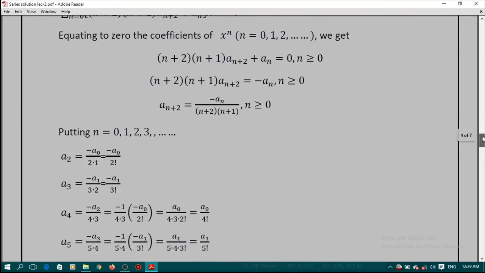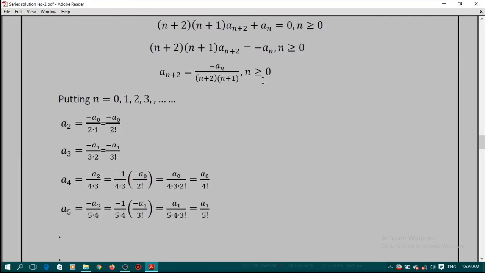Now putting n = 0, 1, 2 and so on. If we put n = 0 here, we get a2 = −a0 divided by 2·1. So we can write this as −a0 divided by 2 factorial. If you put n = 1 here, we get a3 = −a1, and here we have 3·2, so you can write that as −a1 divided by 3 factorial.